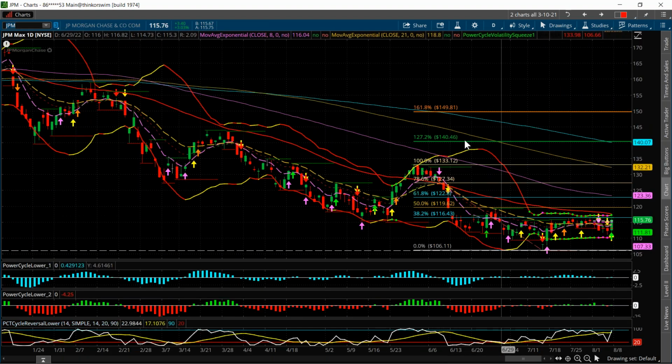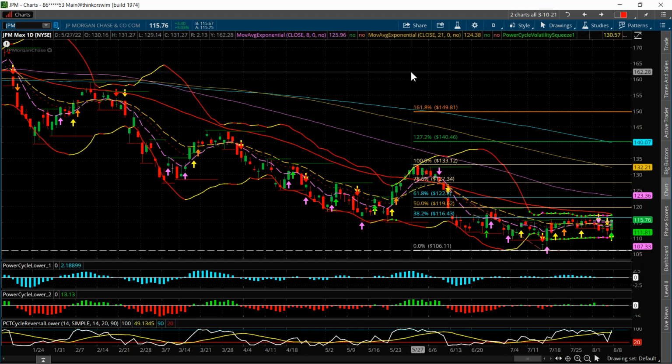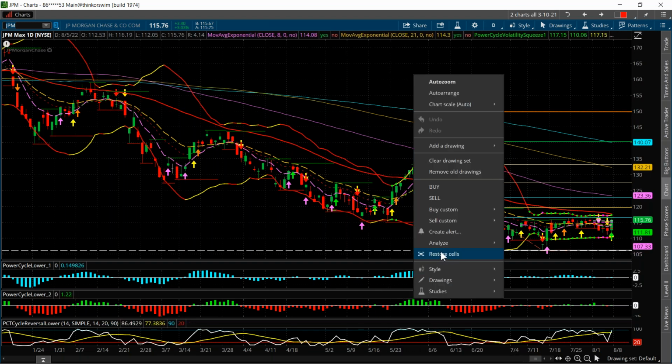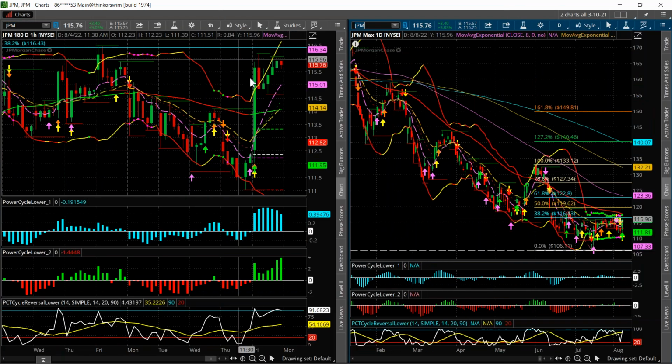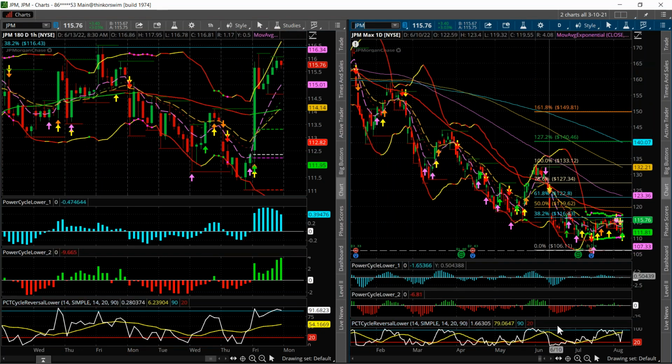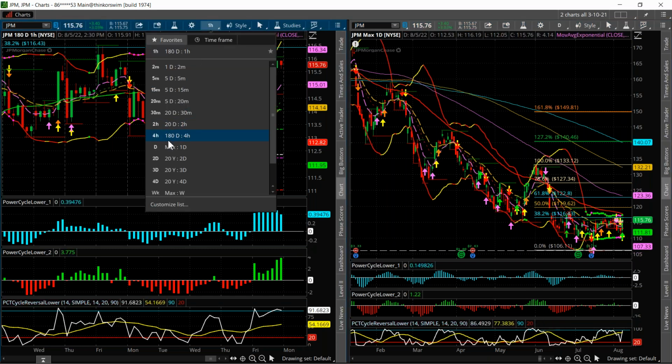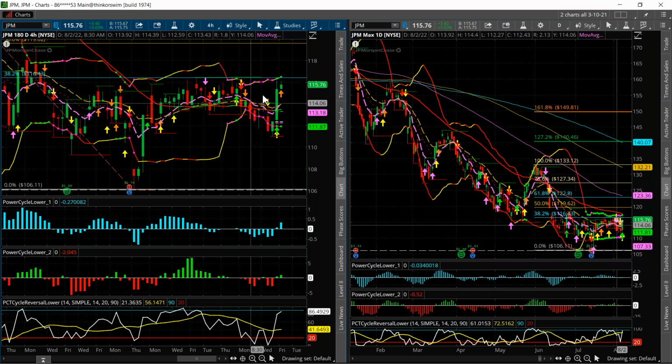I typically always use multiple time frames, but the 2 time frames I'm going to show you are really nice. This will be the daily over here on the left, and then I'm going to put the 4-hour here as another time frame that also has a volatility squeeze.